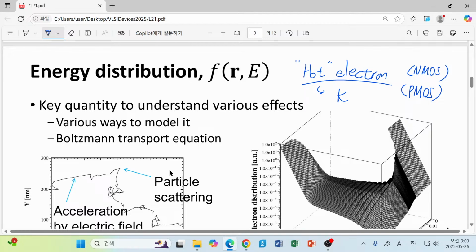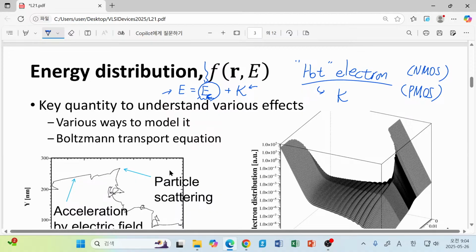For example, when we consider a certain electron, we can think about its energy. Its energy can be decomposed into two parts. One part is the energy of that electron at its energy minimum, corresponding to the conduction band minimum, and also kinetic energy, which is related to the velocity.